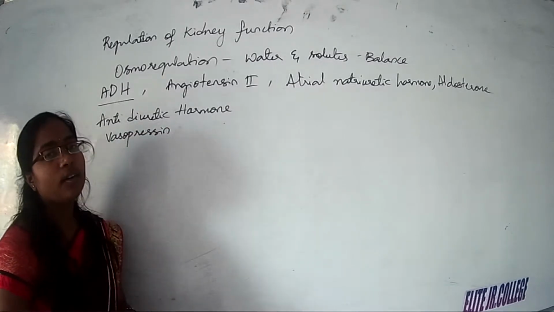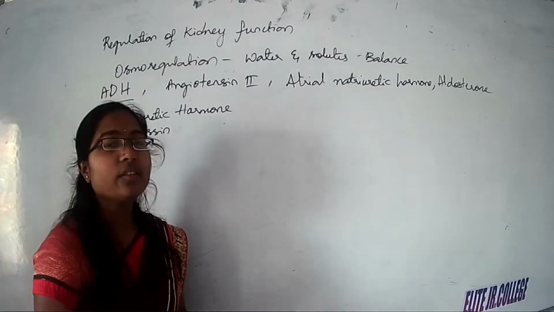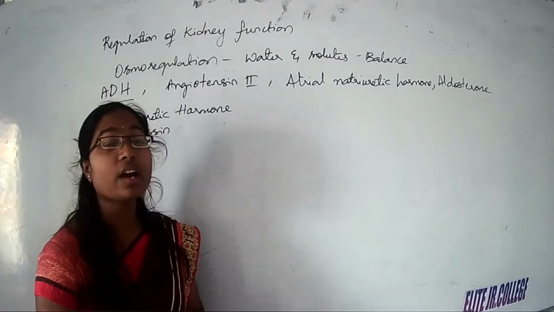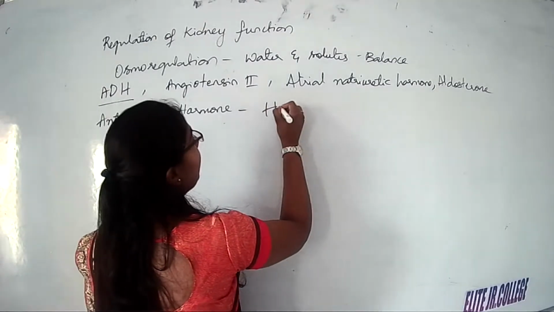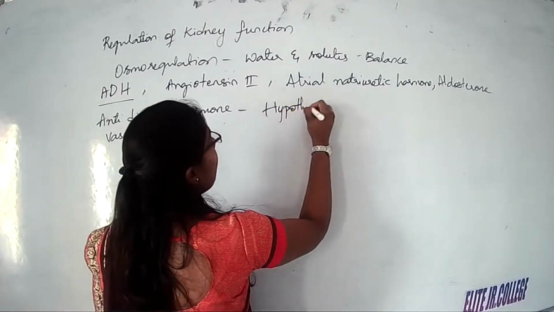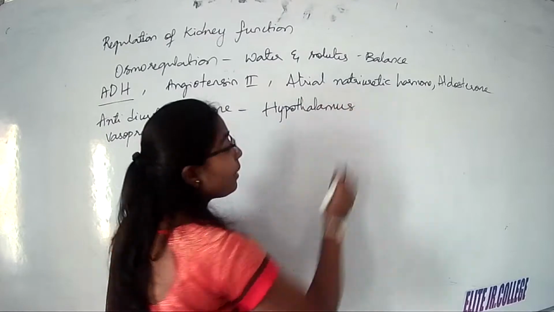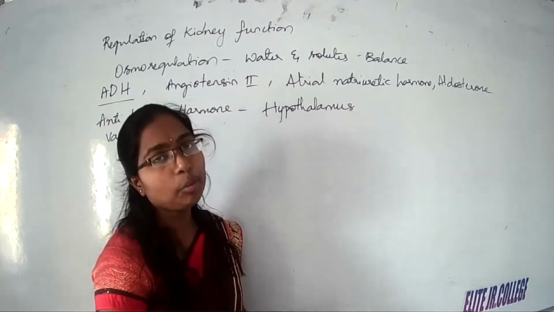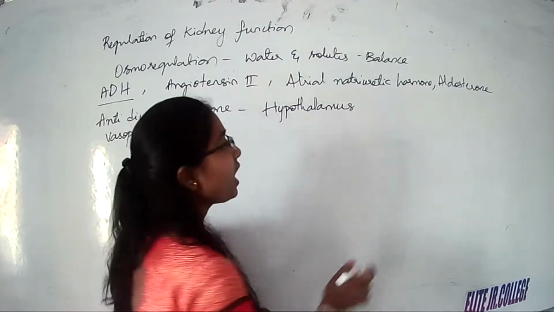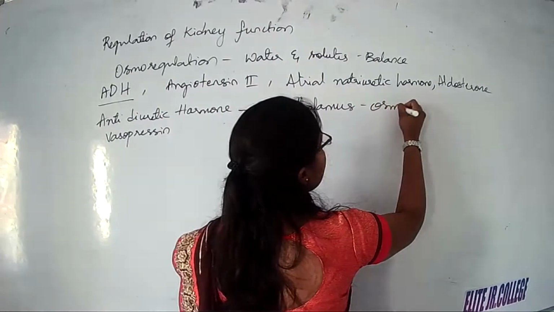In our brain, there is a region called the hypothalamus. So in the hypothalamus of the brain, there are osmoreceptors.